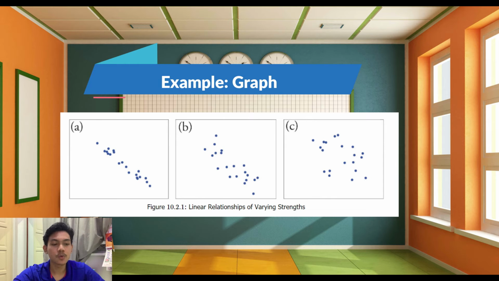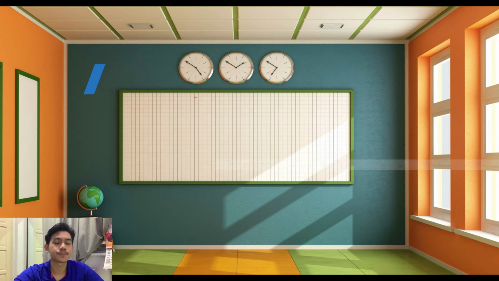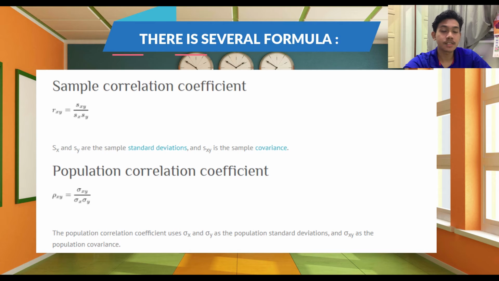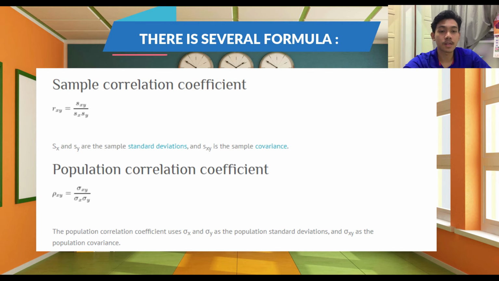And the last one has no linear correlation, which is nearly uncorrelated because r is close to 0 or at 0. So these are several formulas for correlation coefficient, for sample and for population.